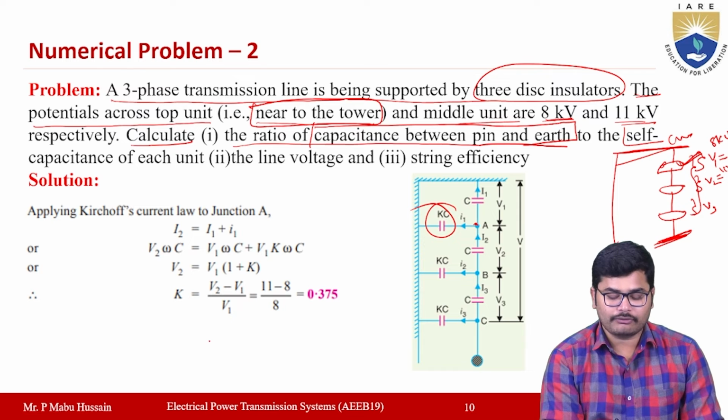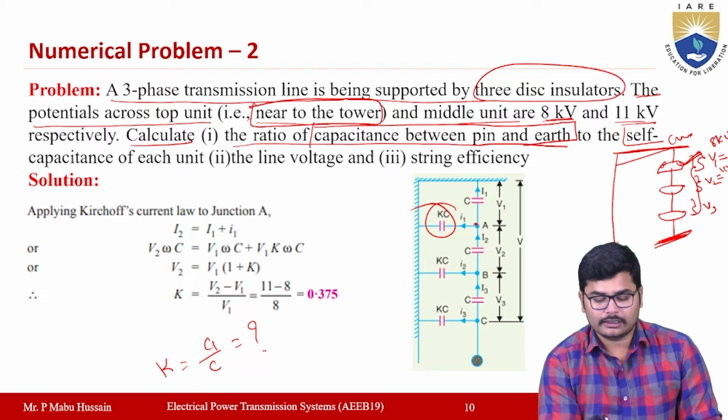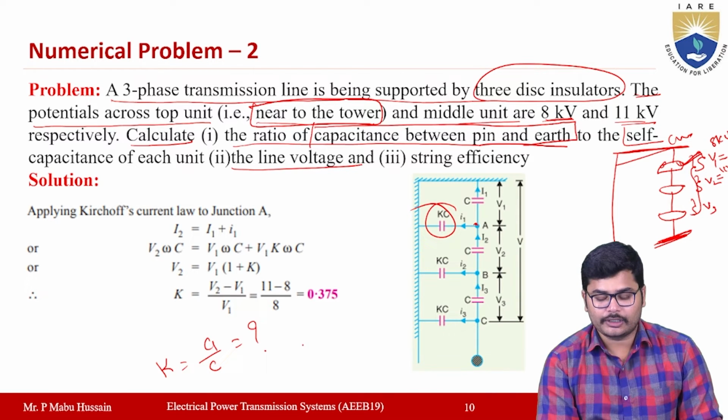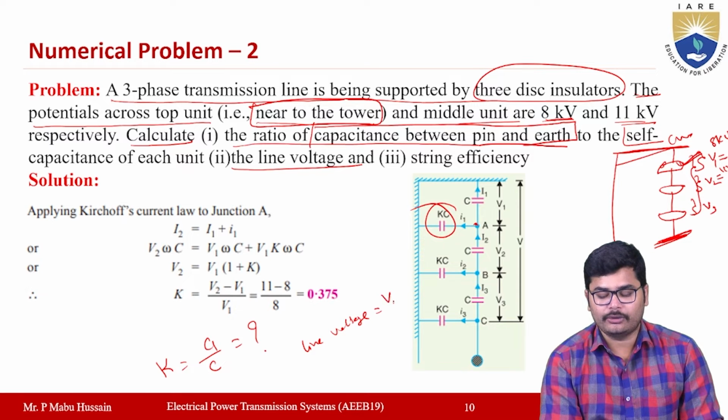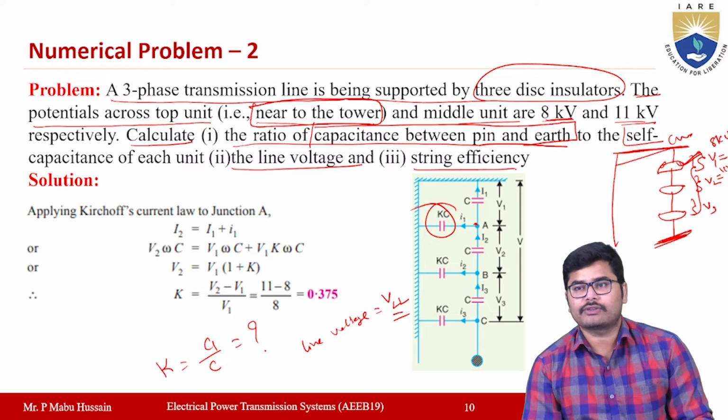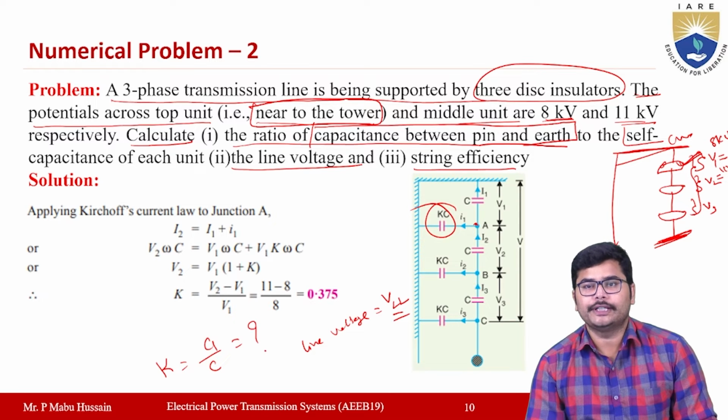So the value of C1 by C is the value of K. This K value you have to find out. Then you have to determine the line voltage. It is a 3-phase system, so you have to determine the line to line voltage. Then finally the string efficiency also we have to determine.